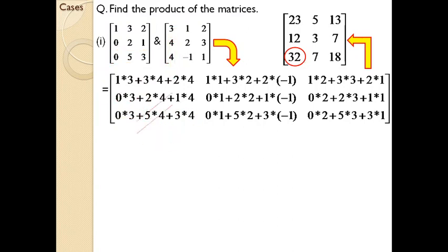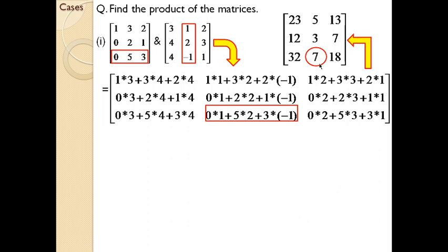Again, if you multiply the same row with the second column of the second matrix, you will get a computation like this, that is 0 into 1 plus 5 into 2 plus 3 into minus 1. So if you solve this one, you will get this one.